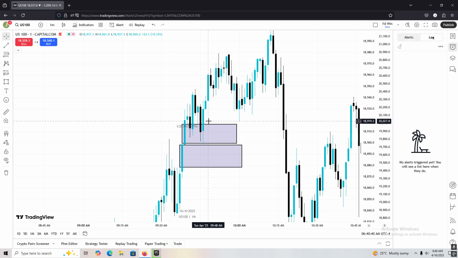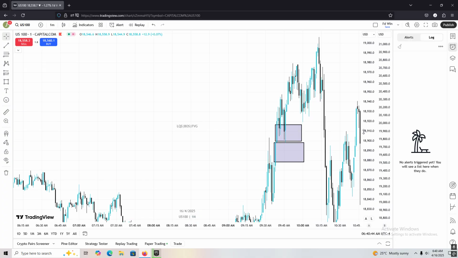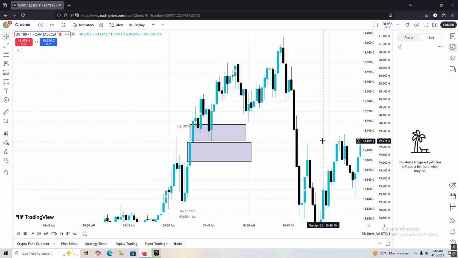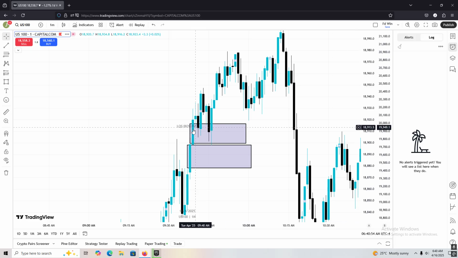it wouldn't play out too well, and I ended up taking a trade off of this fair value gap exactly. But I didn't know it would have played out like this, because I saw it went inside of this and I thought it would go higher. But it already happened.